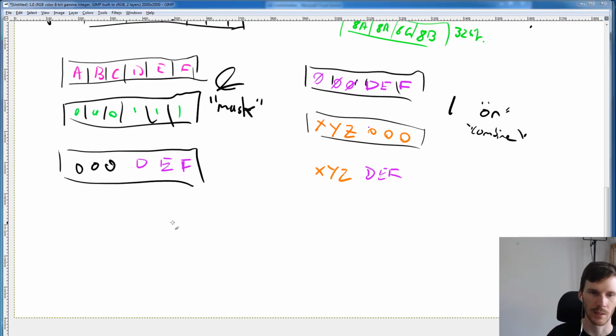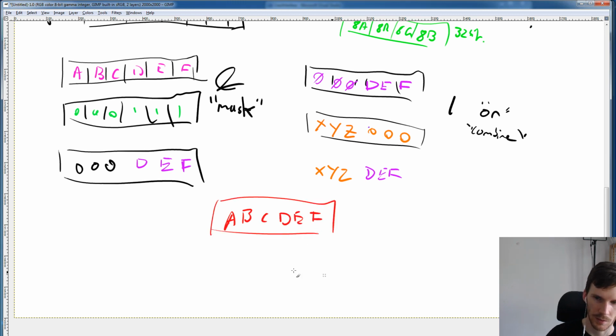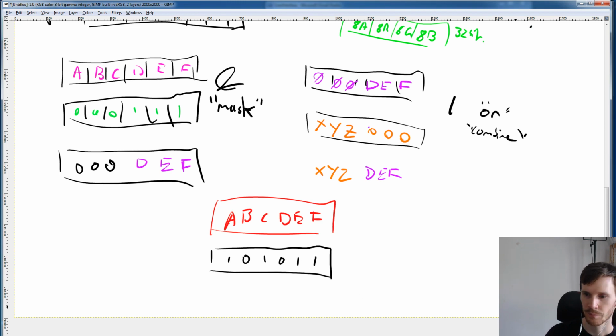So that one, let's just take, let's do it this way. So we've got A, B, C, D, E, F. And we want to XOR with something like 1, 0, 1, 0, 1, 1.